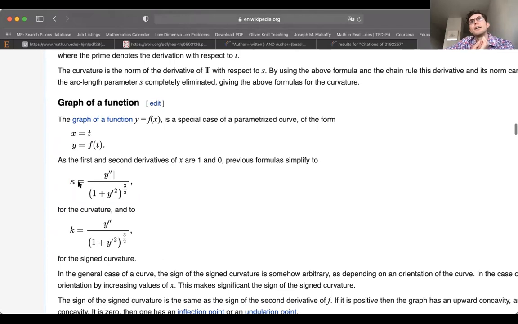What I was going to say is that there's a more general formula that applies not just for curves on the XY plane.